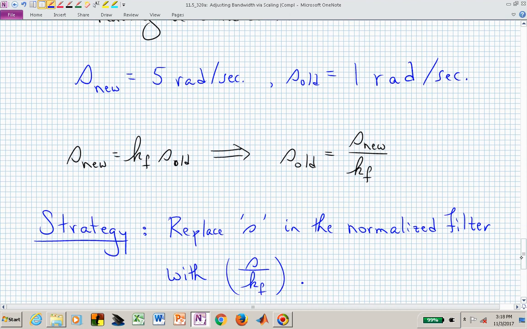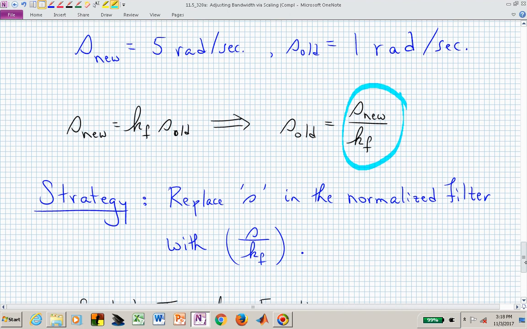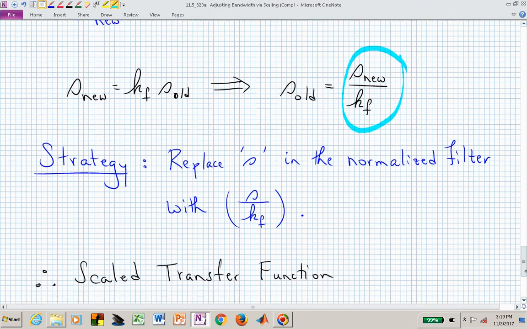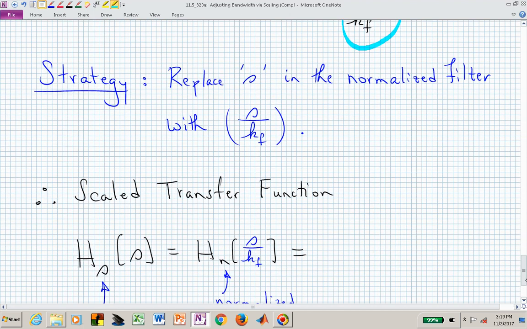If we're given a transfer function and we need to frequency scale it, we first find our frequency scaling factor K sub F, and then use this ratio of S over K sub F to replace every S in our initial transfer function to frequency scale the transfer function.